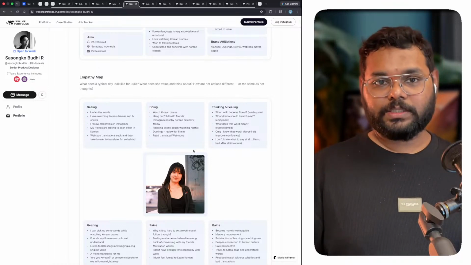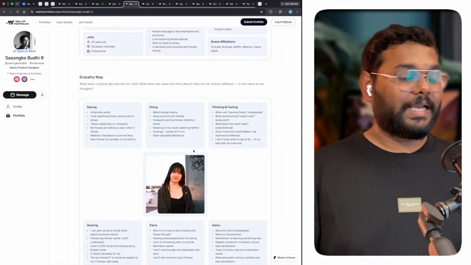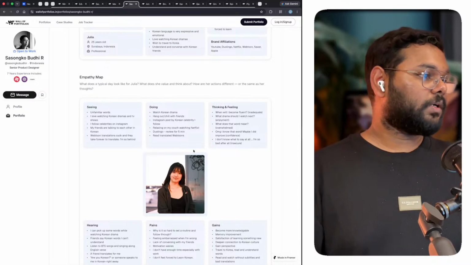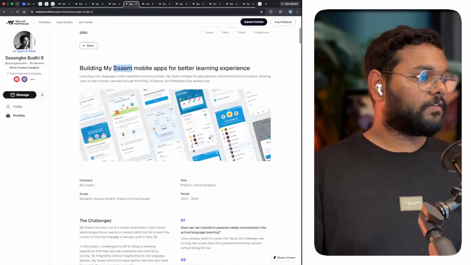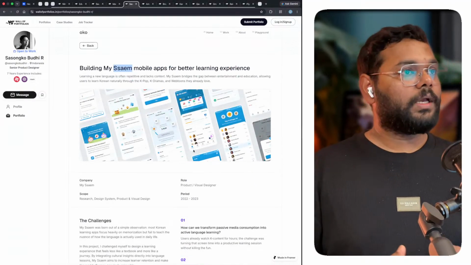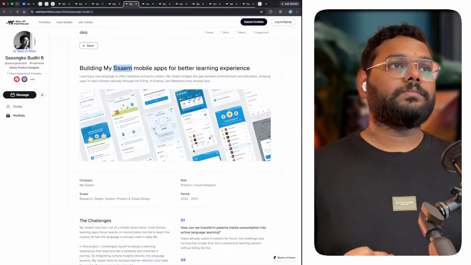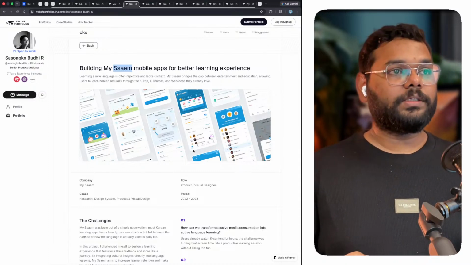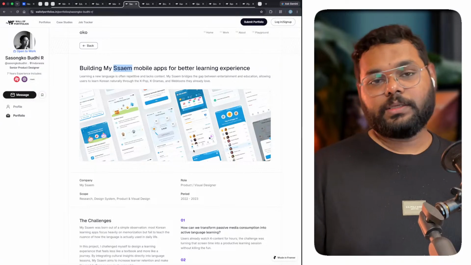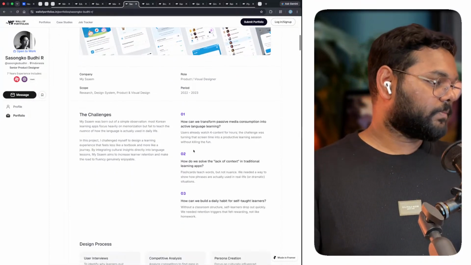Those sort of things, as a designer, I would like to learn. As a hiring manager, I would just want to learn about the kind of impact you made and the kind of innovation or anything you did in terms of design. Those things.